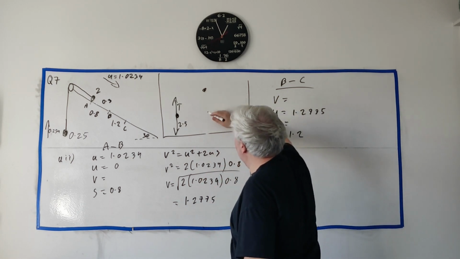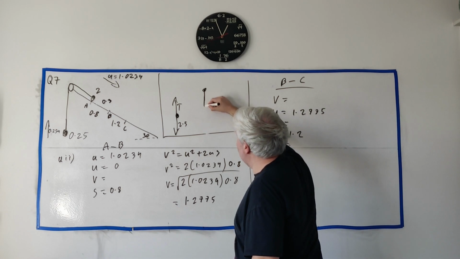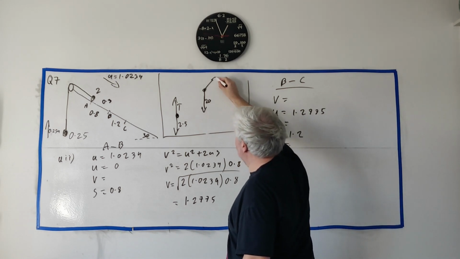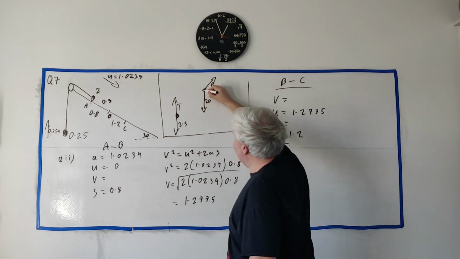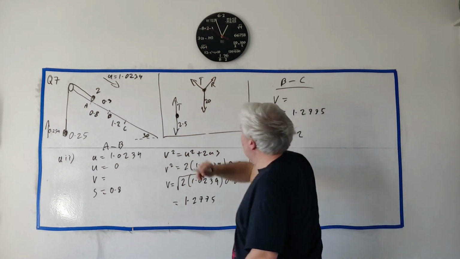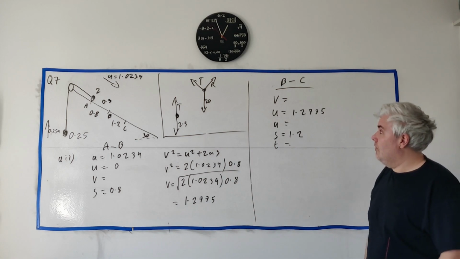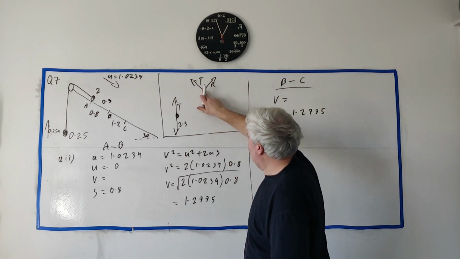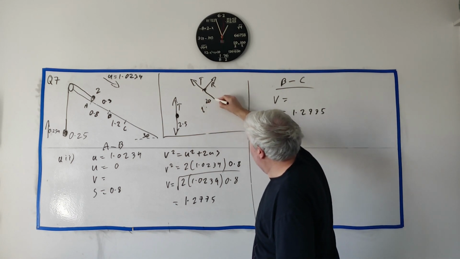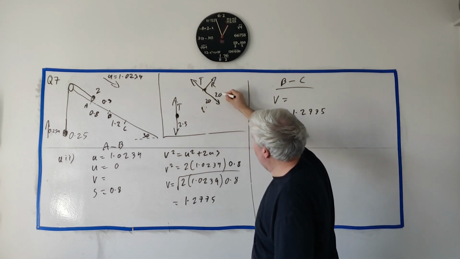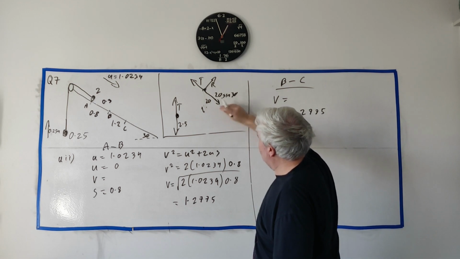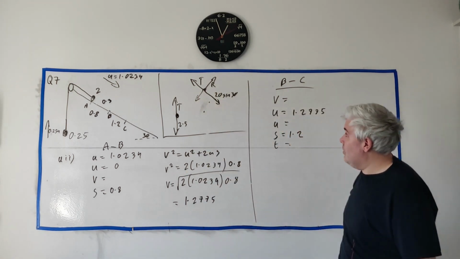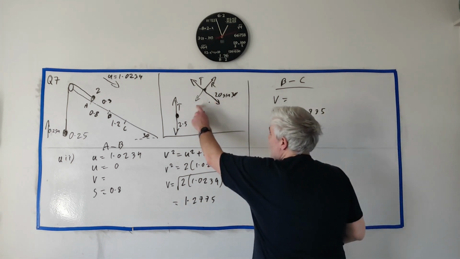This guy over here has 20 newtons down, has tension T, but it no longer has friction. Friction doesn't come into it. That means I can take the component of this guy, just like previously it was 20 sin 30, but I don't care about it this time. It doesn't matter because these two are quite simple.